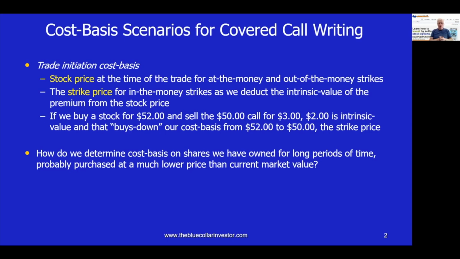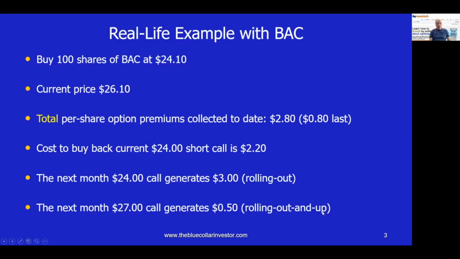Now, the second scenario is how do we determine our cost basis on shares that we've owned for long periods of time, which were probably purchased at a much lower price than current market value. So we're going to break down a couple of scenarios and give you the rationale for how we do it in the BCI community. And for this, we're going to be using that real life example with BAC.